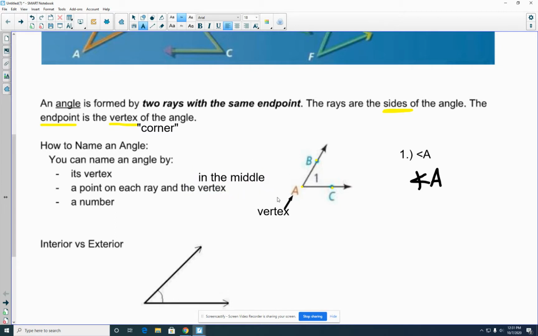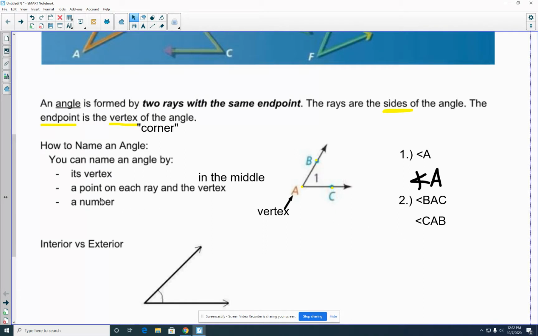I like to trace my three letters, B, A, C. If I trace it, I form the angle. Angle BAC. I could also go from C to A to B. Although it's two different names, it's identifying the same angle.